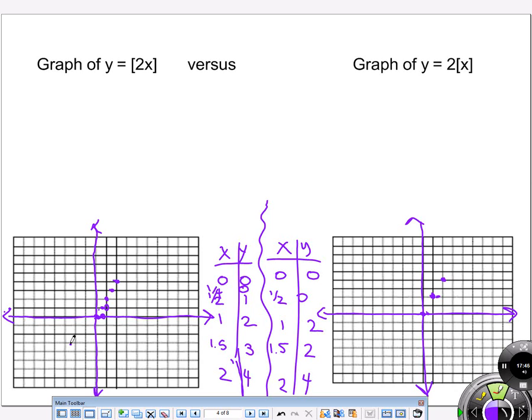So the number inside of the brackets is changing the horizontal part of the graph. We would actually call this a horizontal compression because it took your whole graph before. It didn't stretch it or do anything to the vertical distances, but it took the whole graph, and it's like you take the left and right side and kind of accordion them closer together so that all the steps get squished to only be half a unit long instead of a whole unit long.